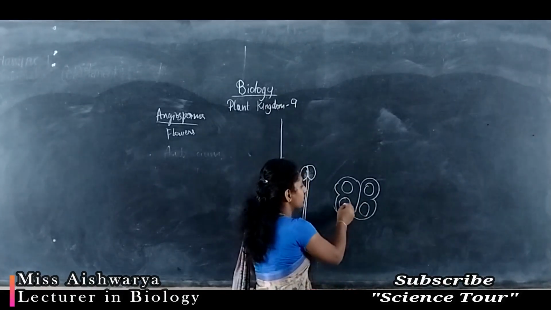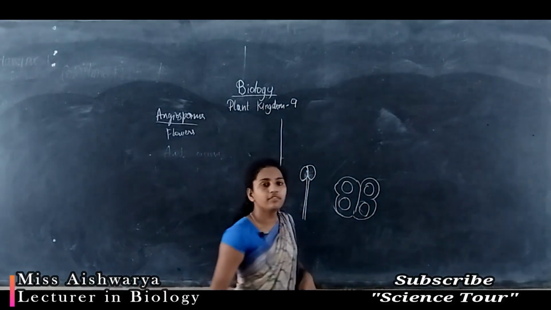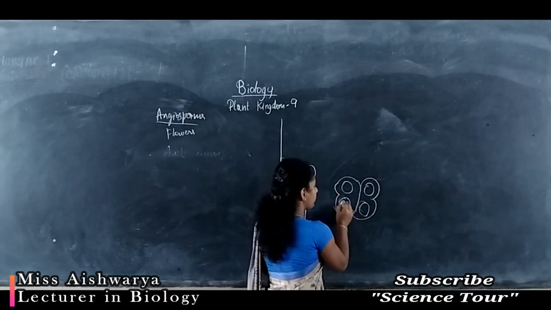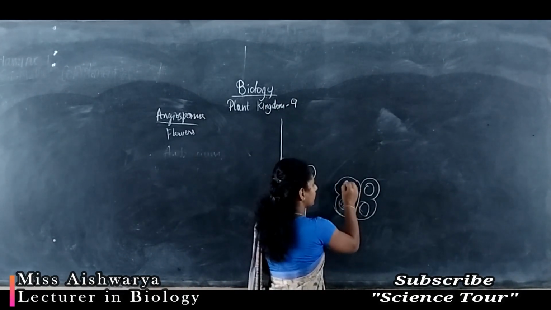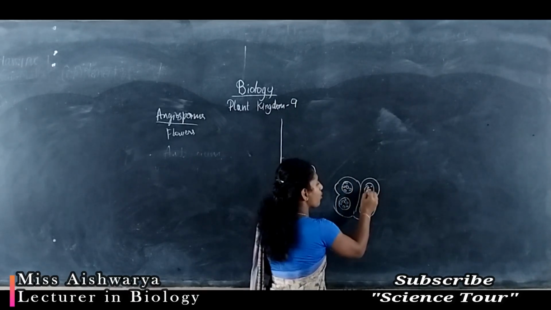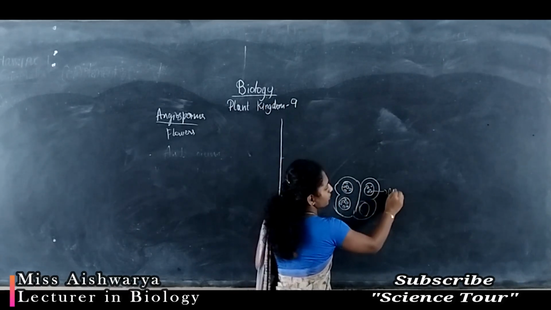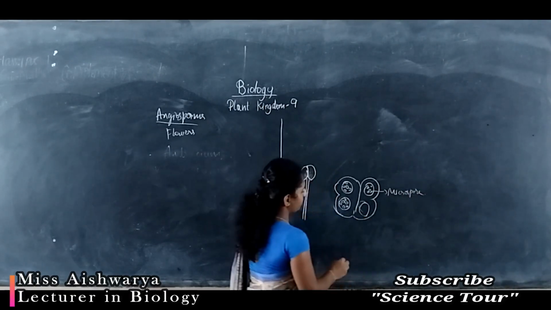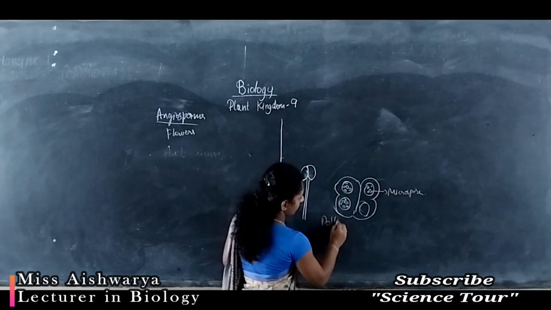Here you can see the sac-like structure which bears small minute spores called microspores, developed from the pollen mother cell.